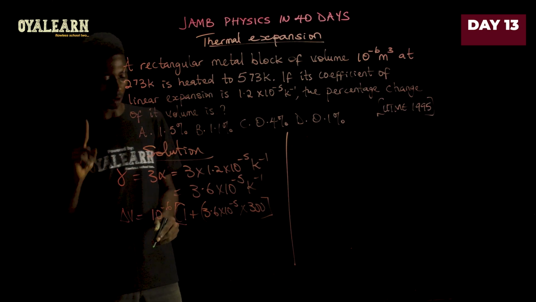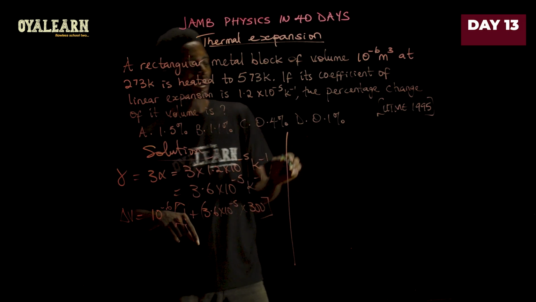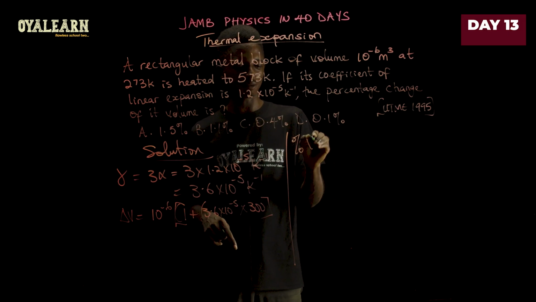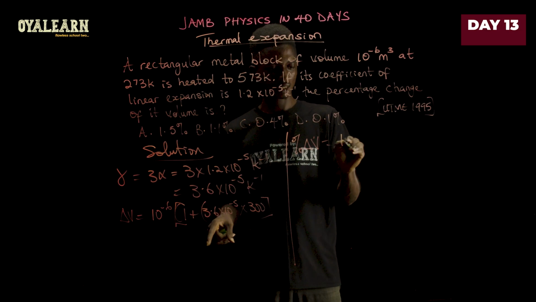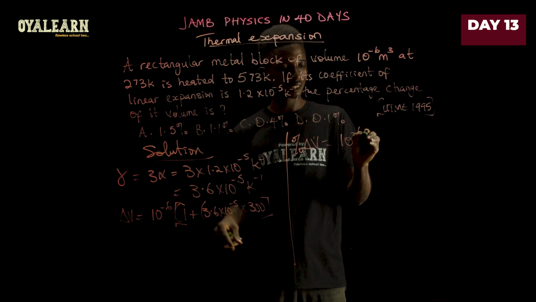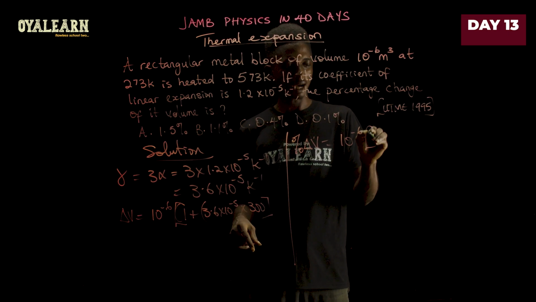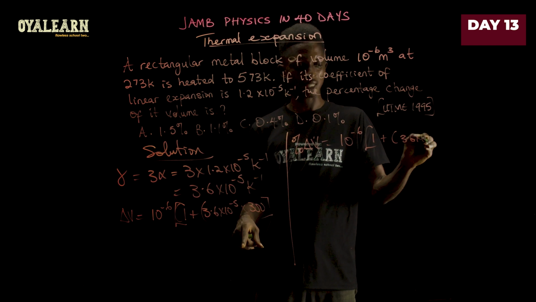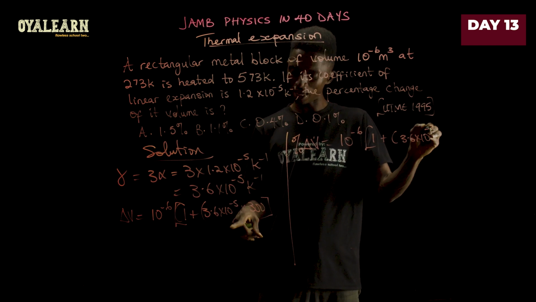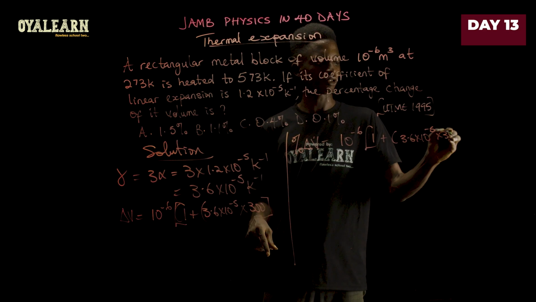Now when you compute this, you will see that the percentage change in volume would be what we have here. So 10 to the power of negative 6 multiplied by 1 plus 3.6 times 10 raised to the power of negative 5 multiplied by 300.